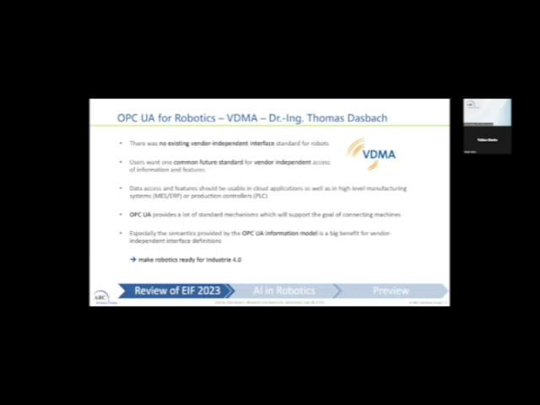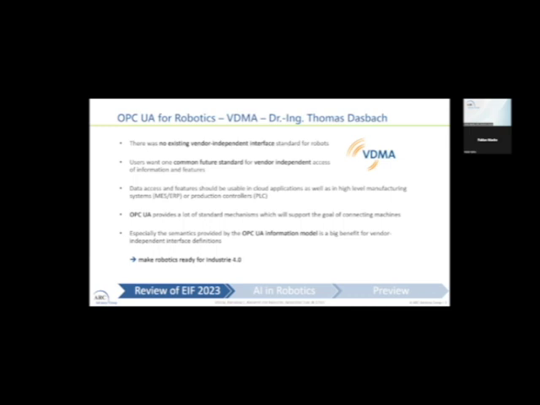Thomas did give a real deep insight on today's work in the different working groups. They achieved already a lot, but there's still a lot of work to do. But the OPC-UA information model as today is really a must, and not just in robotics, also in all other areas of automation.